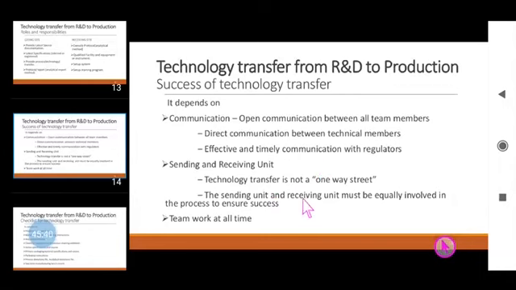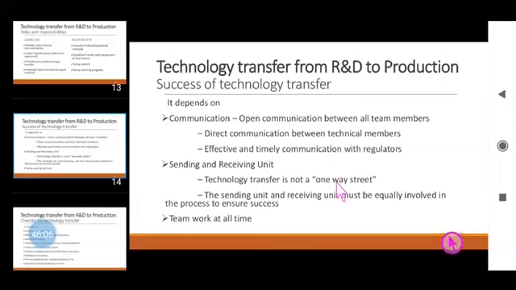Technology transfer is not a one-way street, as it is a transfer between the partners. So it is not a one-way street. Then the sending unit and receiving unit must be equally involved in the process to ensure success. Both the units, sending and receiving, are beneficiaries.